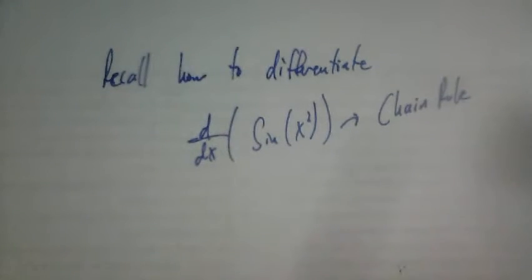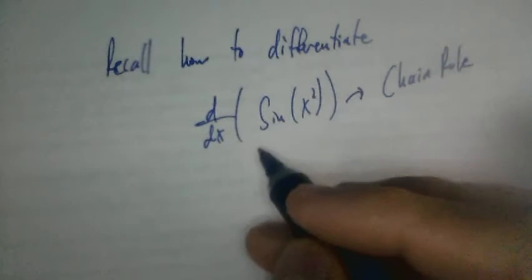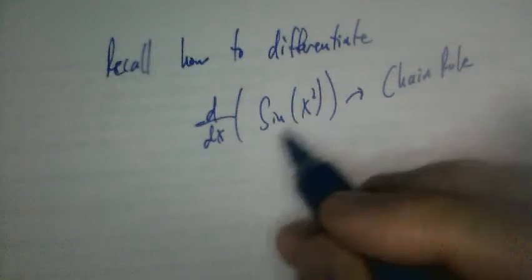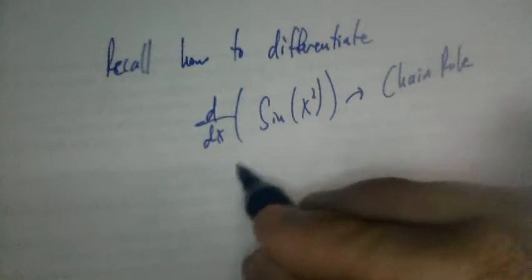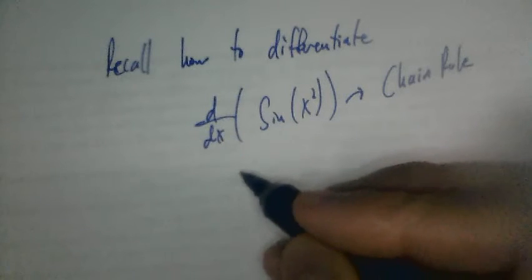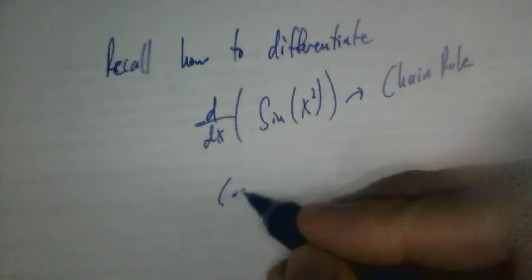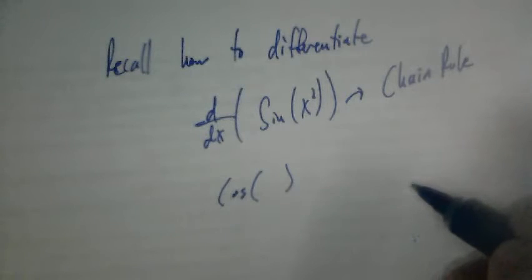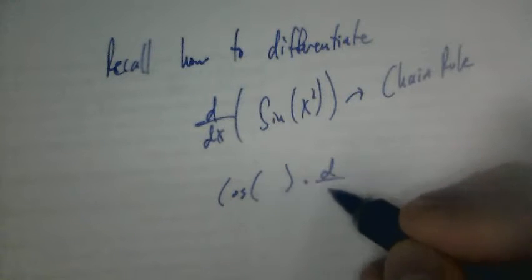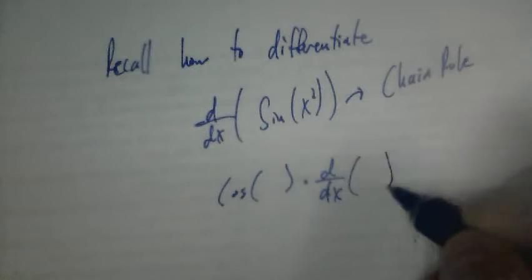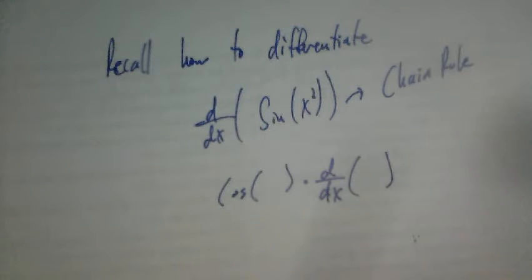So one of the things that we did is we said that we took the derivative of the outside function, right? So we rewrote the derivative of the outside function, which was cosine of something, and then we multiplied it times the derivative of the something. Okay, and so what we did was we said, well, what goes here?